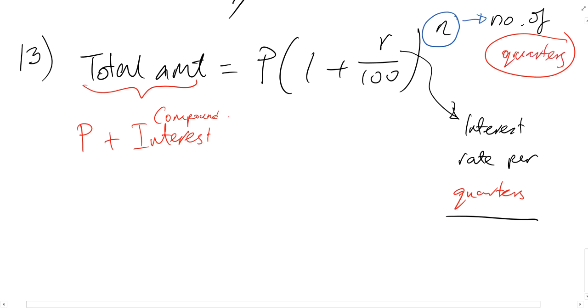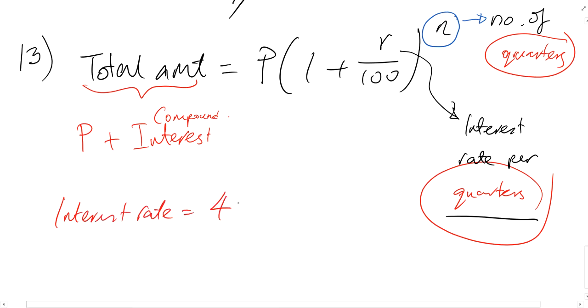When it becomes months and quarters, it becomes a little more complicated, because they will tell you the interest rate per annum. They will still, in the question, even if it is in terms of quarters, tell you interest rate equals to, for example, 4% per annum.